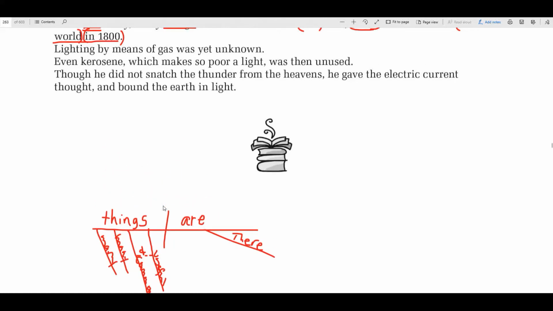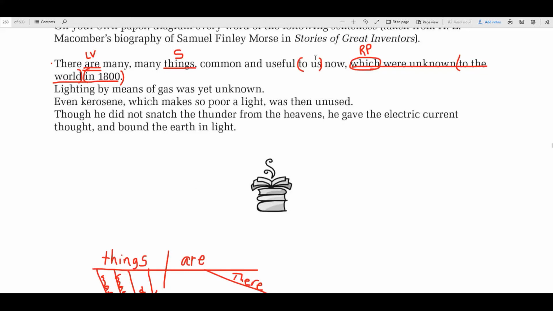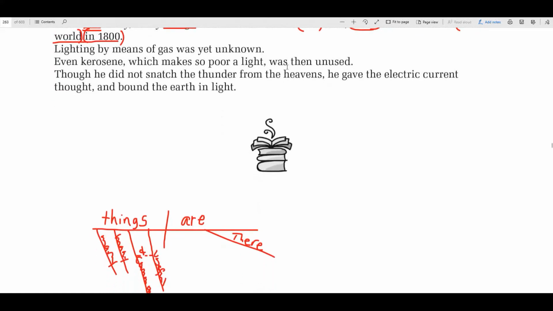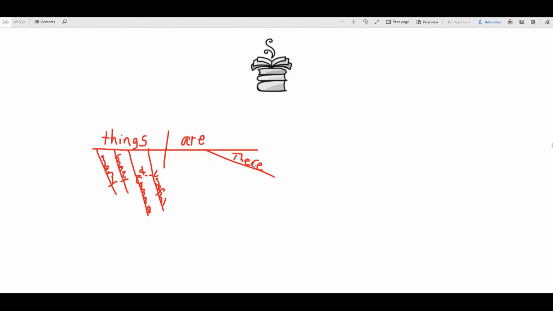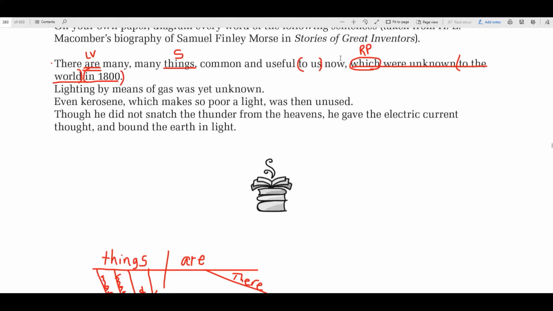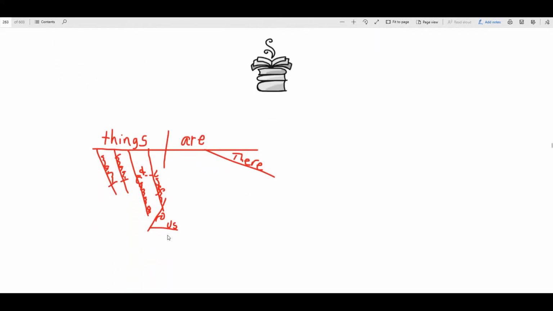Now, to us is a prepositional phrase that tells about useful. So we're going to bring our prepositional phrase to us. So to would go here, and then us here. And then now is an adverb that tells when it's useful to us. So we're going to take now and show that it belongs to this prepositional phrase.